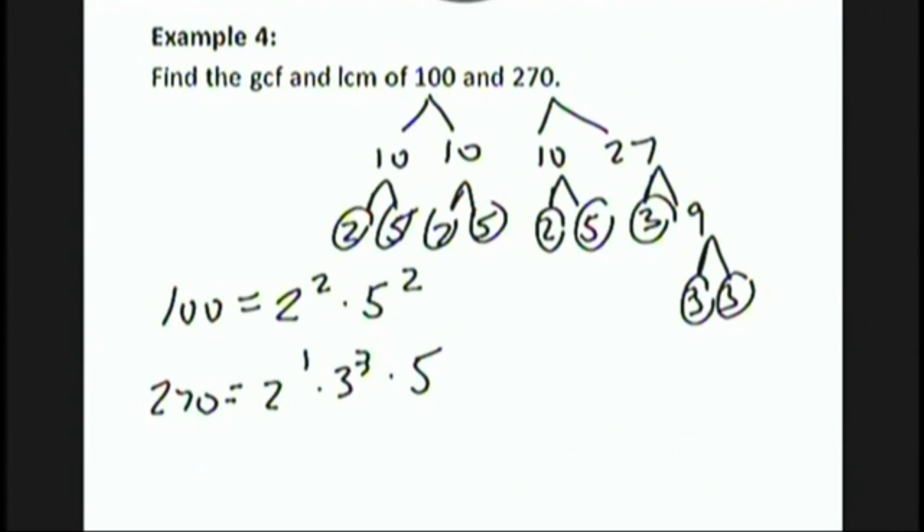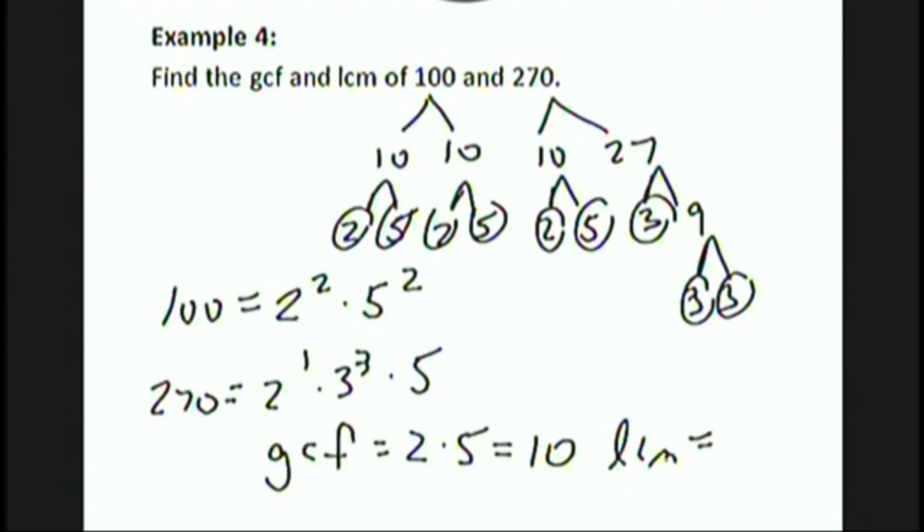So for the GCF, we take the lowest power of each prime, which is 2 times 5. Note that we don't use the 3 because 3 is not a factor of 100. So the GCF is 10. For the LCM, we take the highest power of each prime, so that's 2 squared times 3 cubed times 5 squared, and that comes out to 2700.